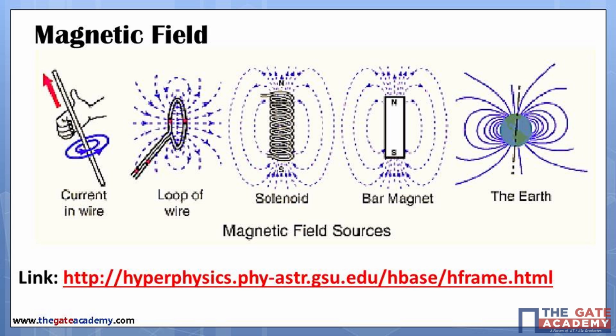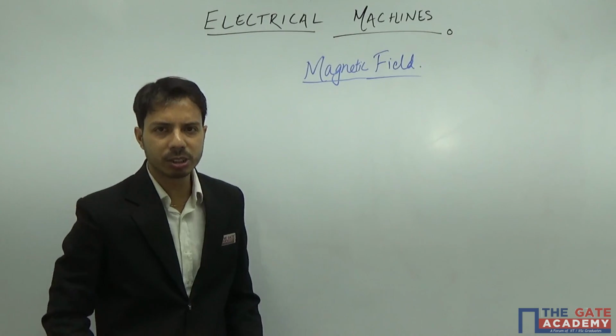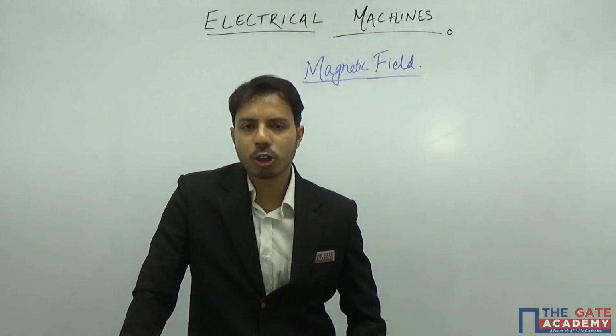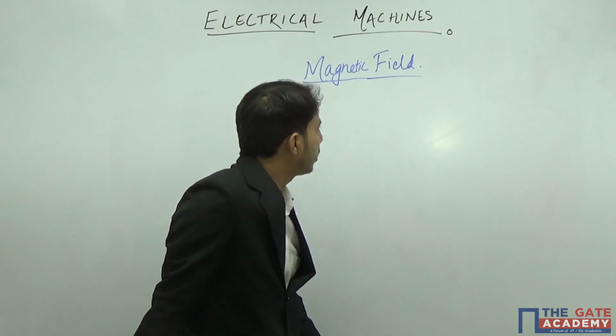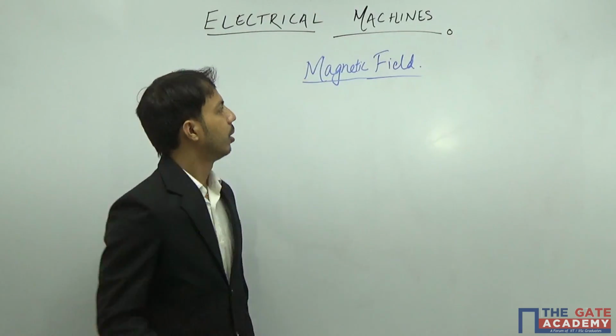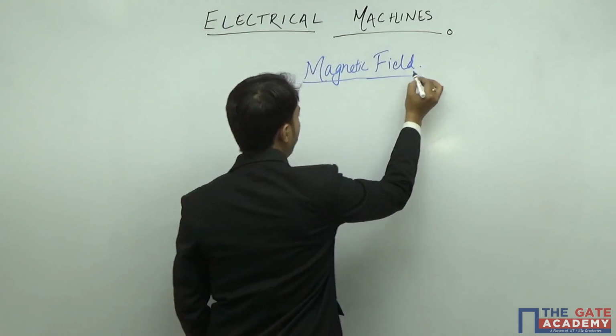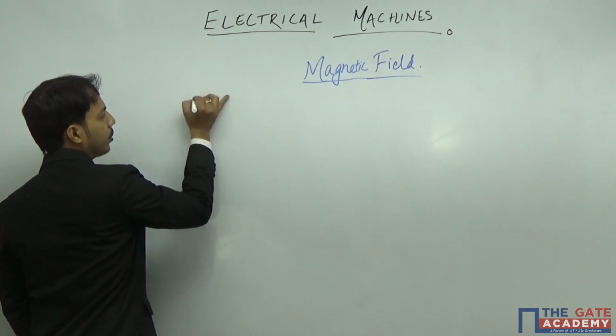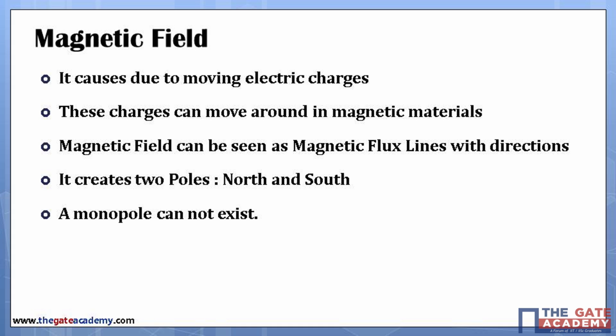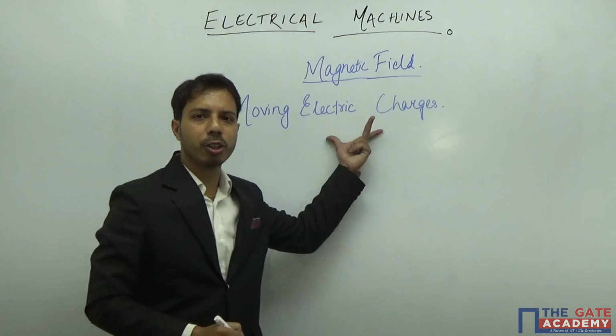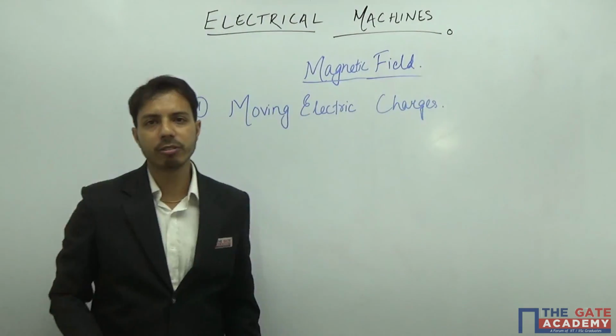Now, what are the causes of this magnetic field? The primary cause, if we want to create a magnetic field, is moving electric charges. You can see it in your PPT. Moving electric charge will give rise to a magnetic field.